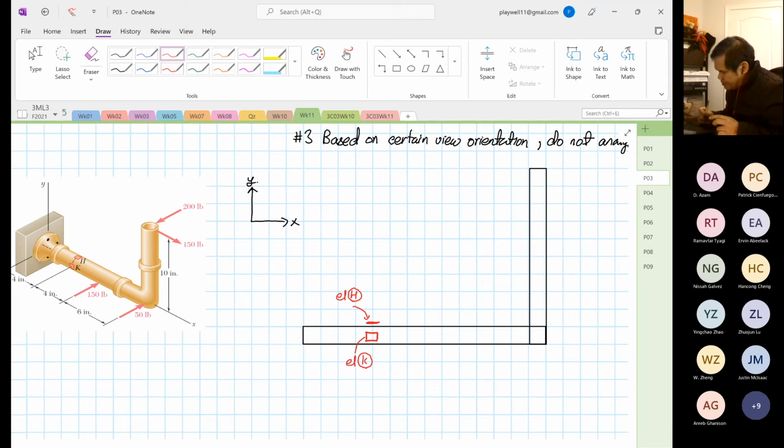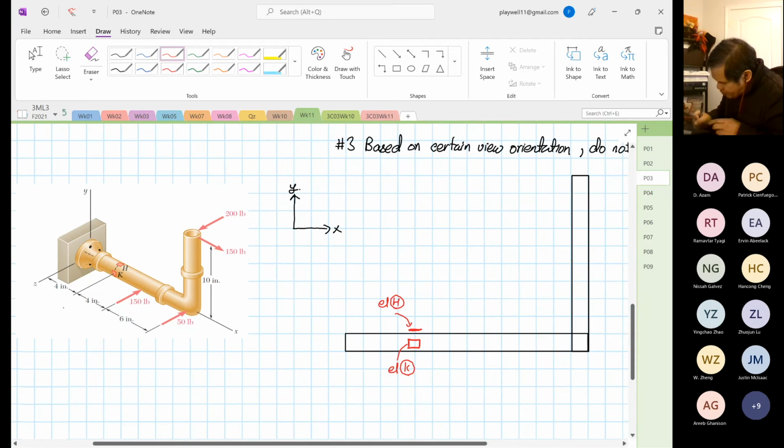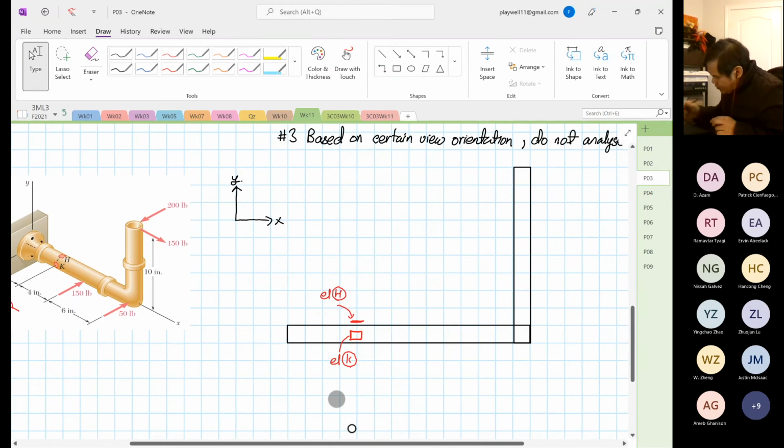So we're going to use vectors, so that we have a force, right? So where is our eyes now? So basically we are viewing it, our eyes are here. There's our eyelash. This is our eye. We are viewing from there. So we know that we are looking at the tail end of the arrow, which is a cross, right? So this is 50 pounds. Then we have another tail end of the arrow.